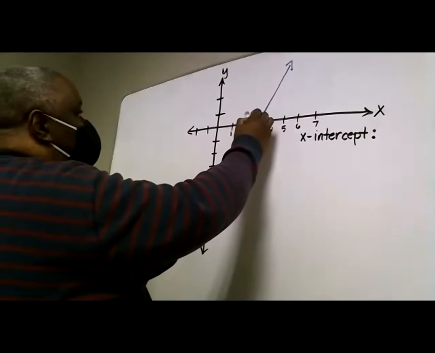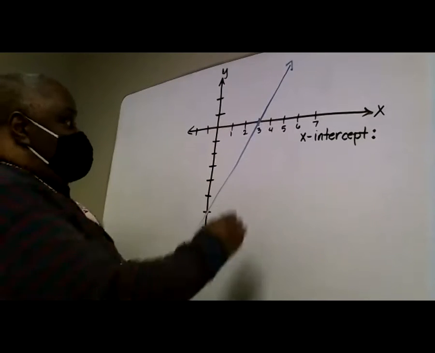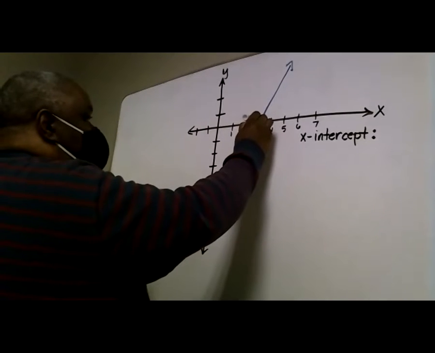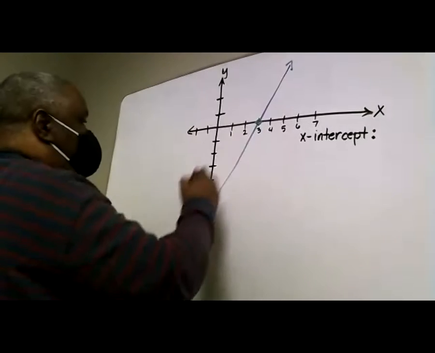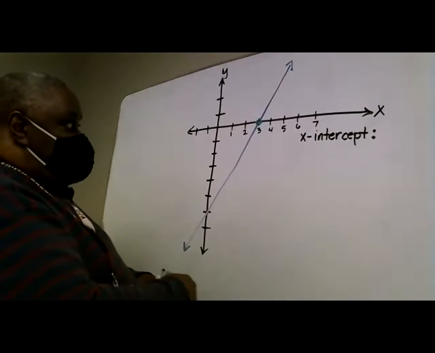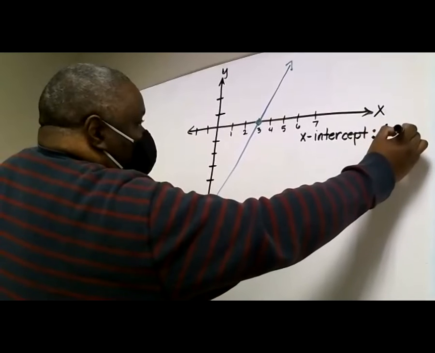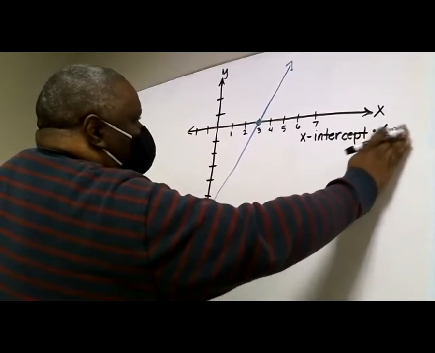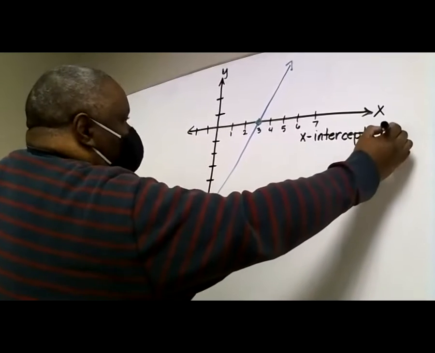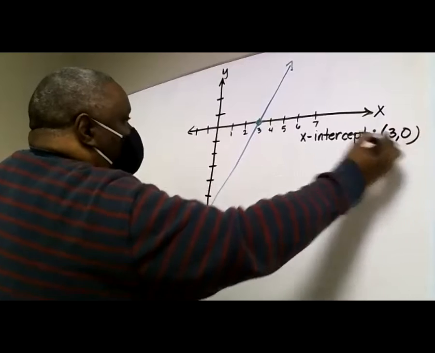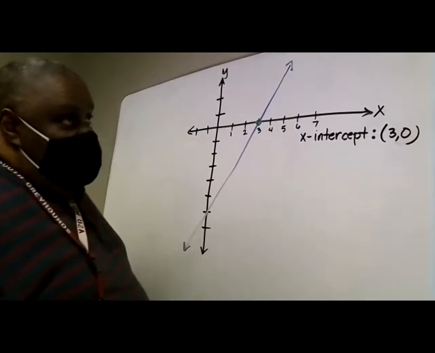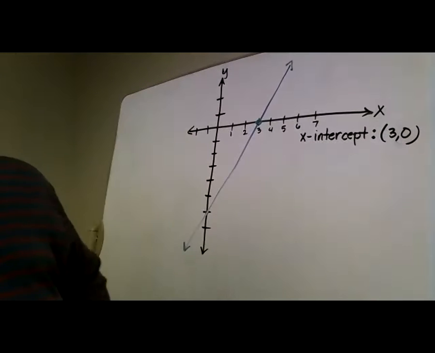Yes, here's the x-axis right here. This line is crossing the x-axis at x equals 3. So the ordered pair, not 0, 3, what's the other way? 3, 0. Because x is 3, and we're not going up or down, so it'll be 3, 0.